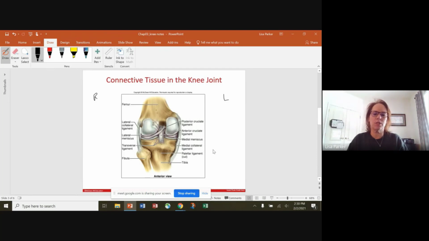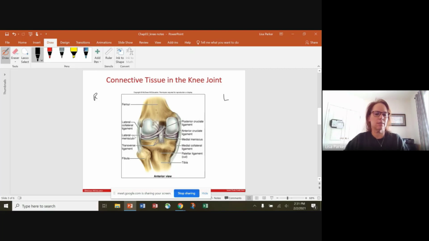That's really important when we start talking about things like medial and lateral, because now you'll see that everything over here is lateral, right? And everything over here is medial. Why? Because this would be the person's midline and this would be on the outside, right? So everything over here would be in the middle and this would be on the outside.